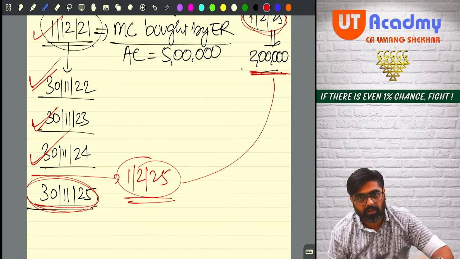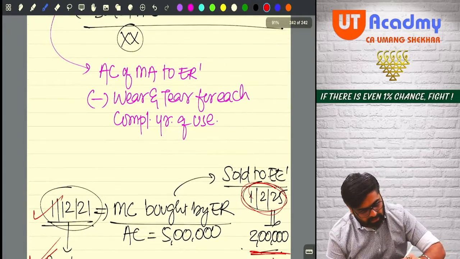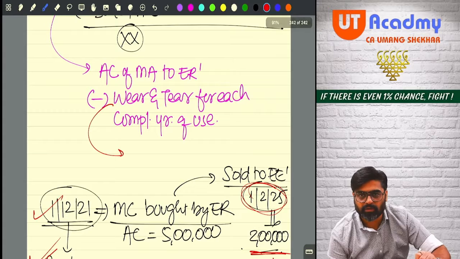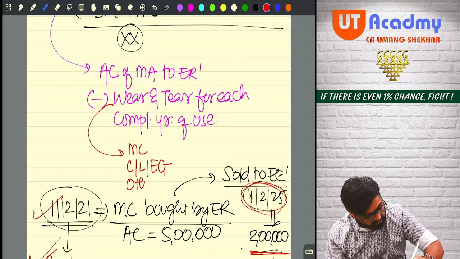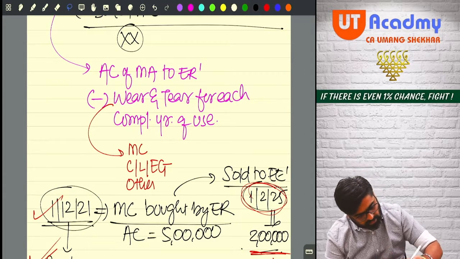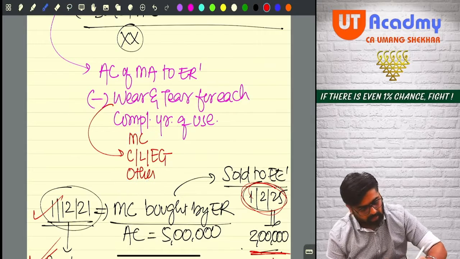Got it? Now at what rate will this wear and tear be reduced? If it is a motor car, a computer, laptop or electronic gadget, or other assets.